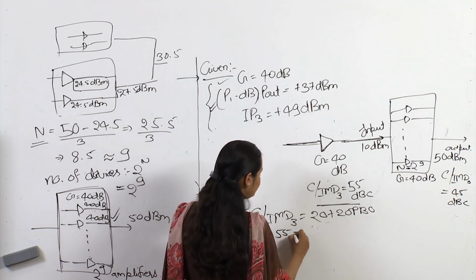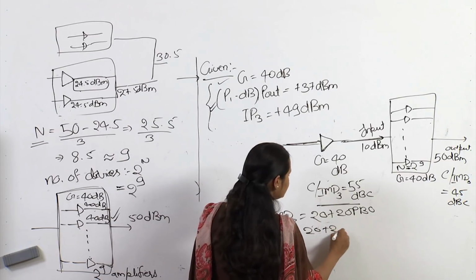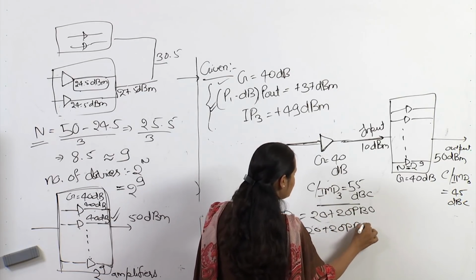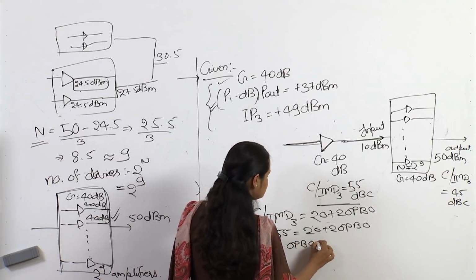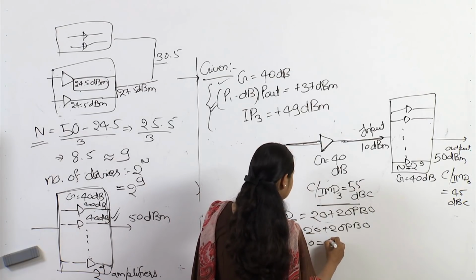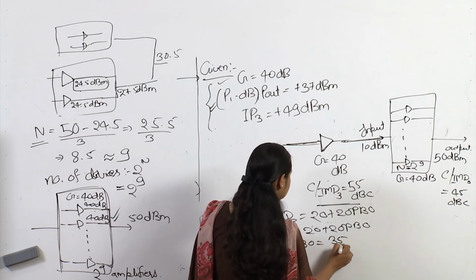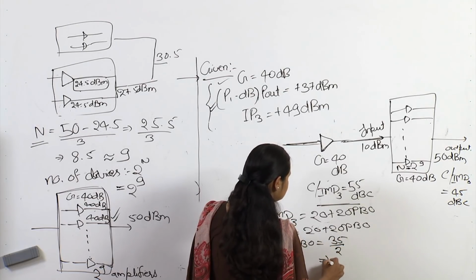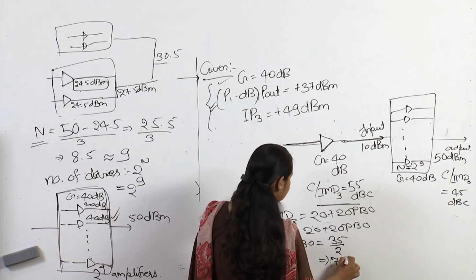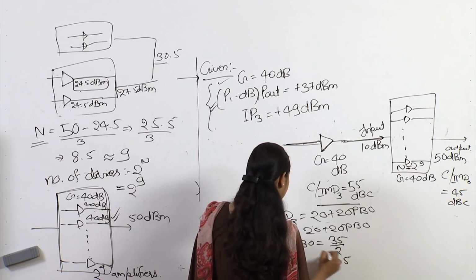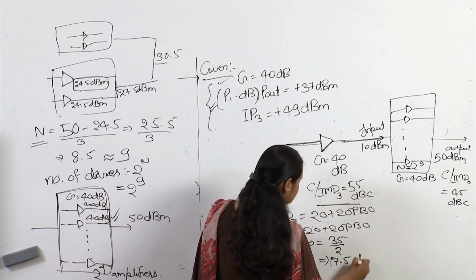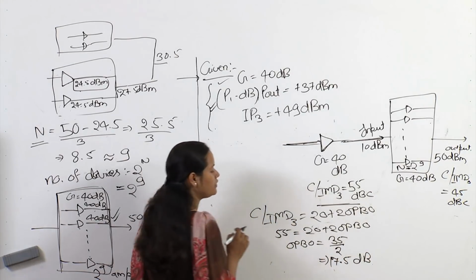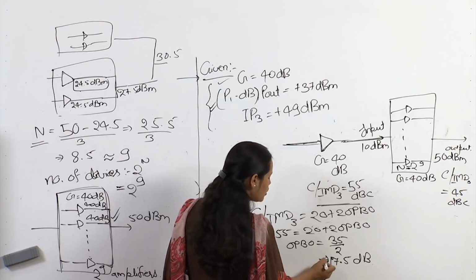So for 55, what should be the output power backoff? So 17.5 dB output power backoff should be there.